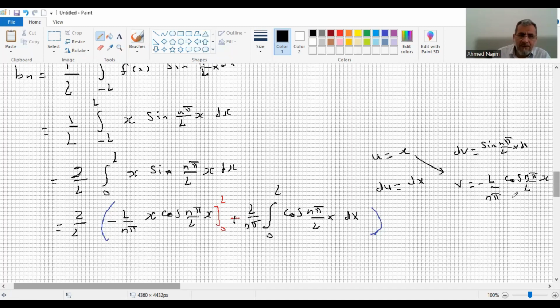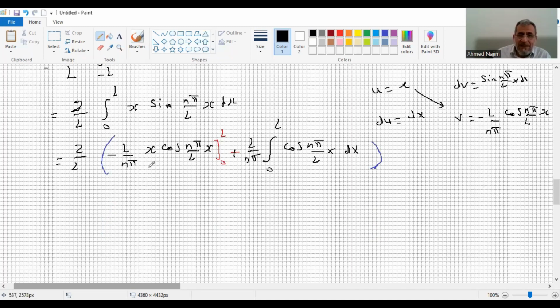Now, the first one, replace x by L here. So this will be negative and multiplied by 2 over L. If we multiply 2 over L, this one equals 2 over L times, and here this is minus L, okay. This one is negative, and this one is L times L over n pi. Clear, this L would be 1.